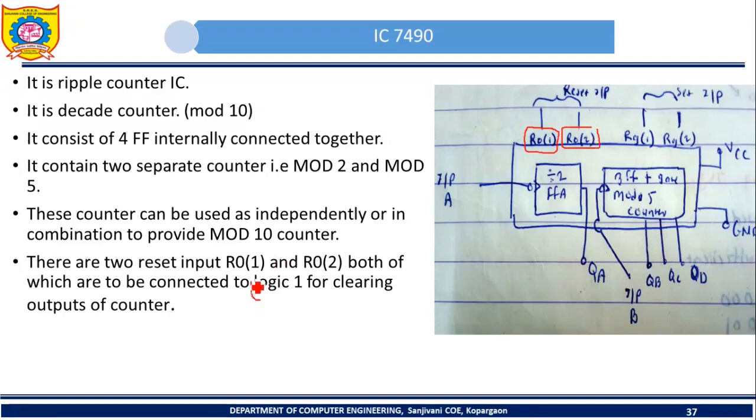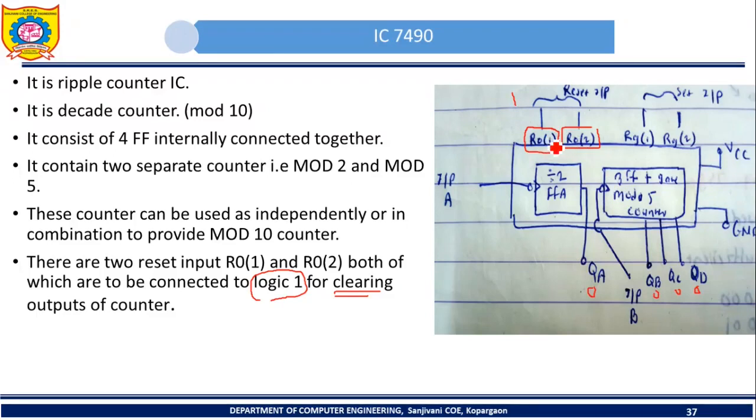If these two pins are connected to logic 1, the outputs of the counter will be cleared. The outputs of this counter are QA, QB, QC and QD. If you want to reset all these outputs, if you want the output of this counter to be 0 0 0 0, what you have to do? Simply connect these two input pins of 7490 to logic 1.